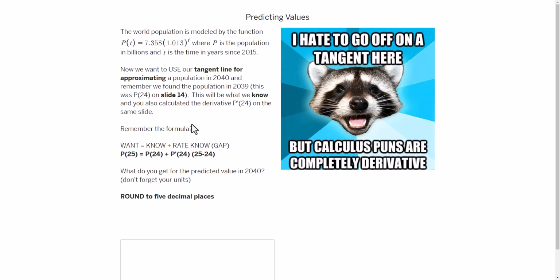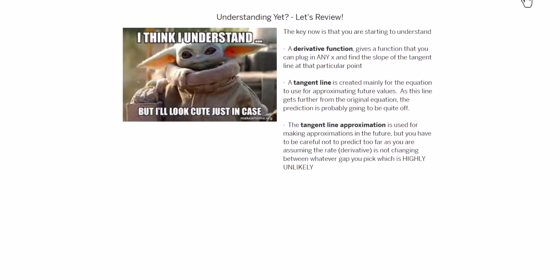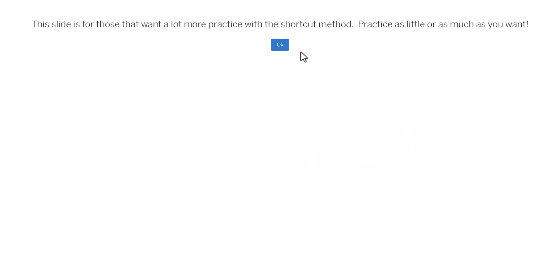Right here, I'm asking you to use the tangent line for approximation. You're putting in the values of what you know, the derivative of what you know, and then the gap. Once again, I'll leave it up to you to work all of these out. Please make sure you understand that you have a derivative function that, if you plug a number in, gives you the slope of a tangent line, and we use this tangent line to do approximation.